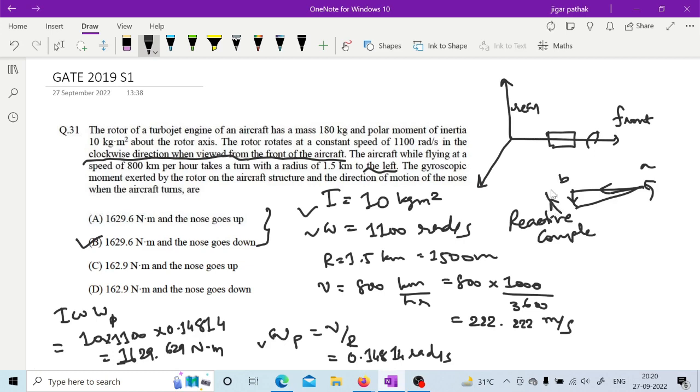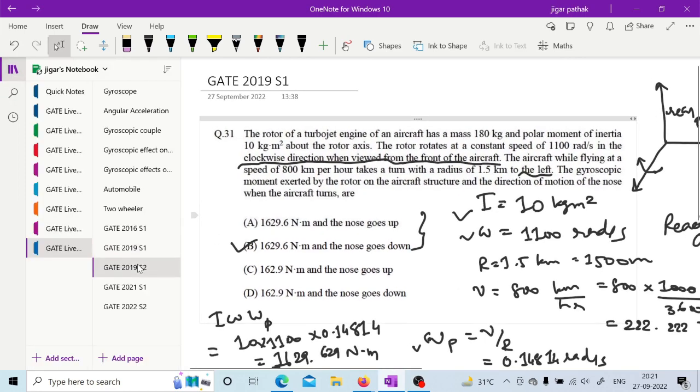Because see here this reactive couple is in this direction, it means about this particular third axis it will be in this clockwise direction, right? That is why it is going in this particular direction, right? So this is how you are having this nose down and this tail up because of this particular reactive gyroscopic couple, right?